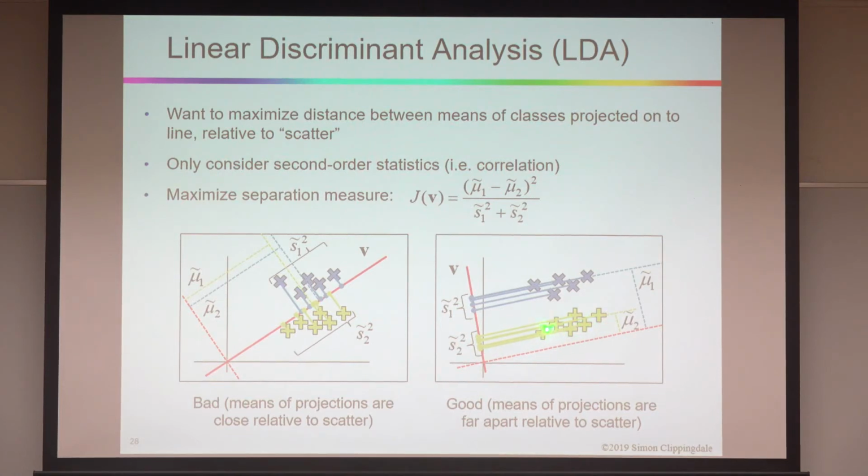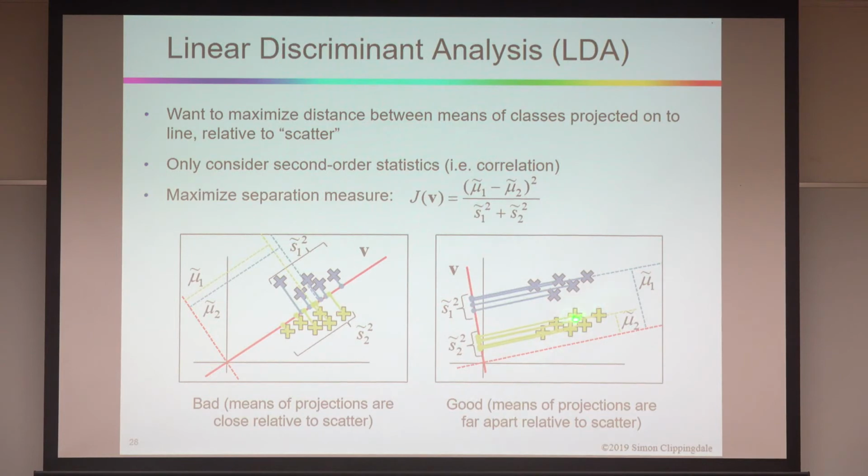Taking this example down here, here's our class number 1, and the projections are these blue dots here, and their mean projected onto this line is this blue dotted line here.